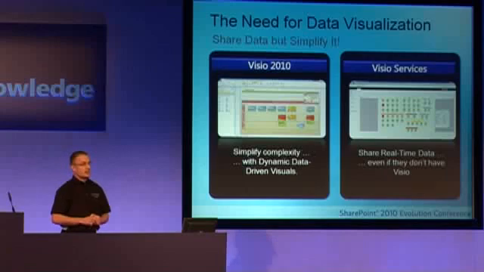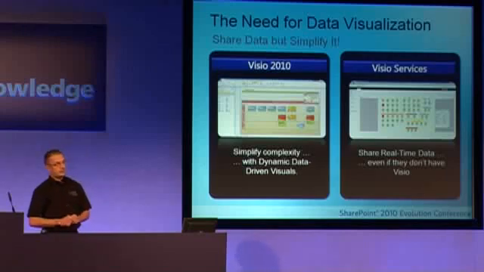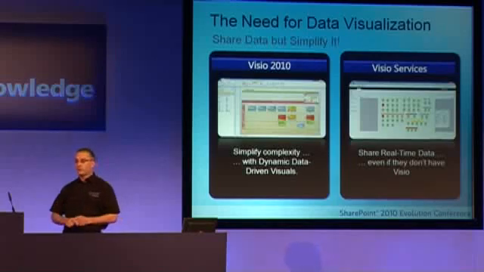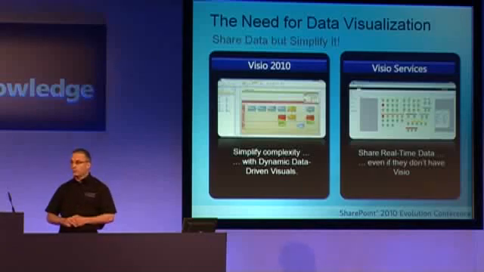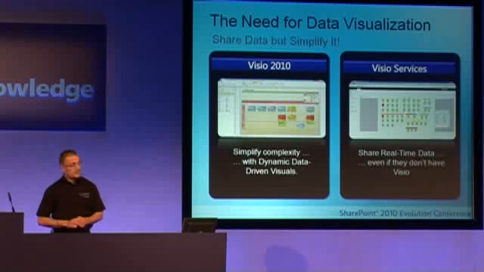In 2010, that's been continued, and the capability has now been extended such that you can deploy your diagrams to the web using Visio Services 2010 and share the information in your diagram, whether people have Visio or not. You have to have Visio 2010 in order to build the diagrams for Visio Services, but you don't have to have Visio installed on your client in order to see them. So that is a very powerful aspect of this facility in 2010.